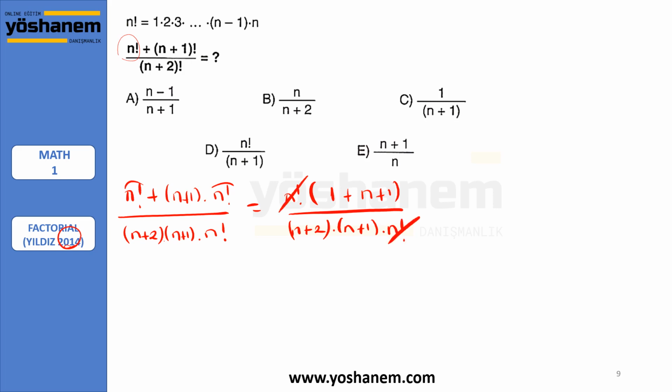Let's cancel n factorial, and 1 plus n plus 1 is n plus 2 over n plus 2 times n plus 1. So I can cancel n plus 2. I'll have left 1 over n plus 1. And see, that's the answer.